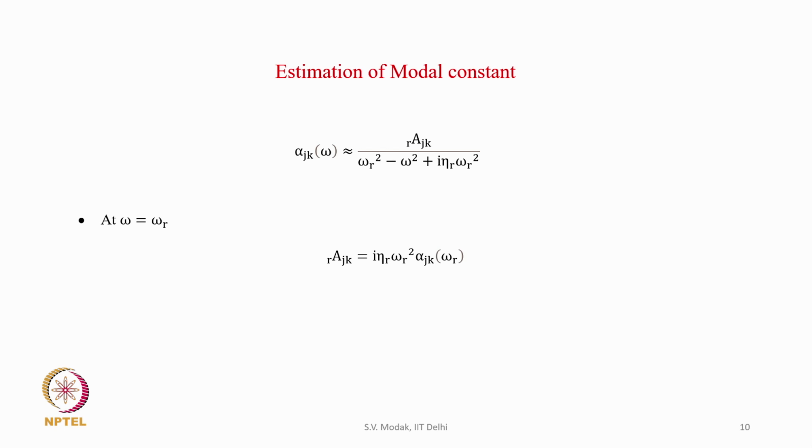In this expression eta r and omega r have already been found out, so they are known, and the FRF amplitude alpha j k at omega r is also known from the measured FRF. Therefore, we can determine the modal constant of this rth mode for this particular FRF from this relationship.